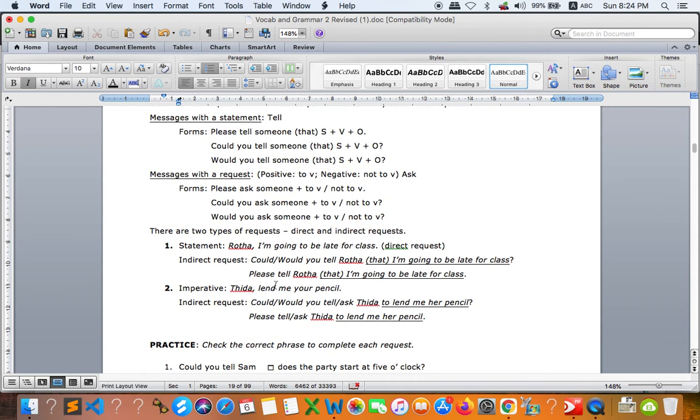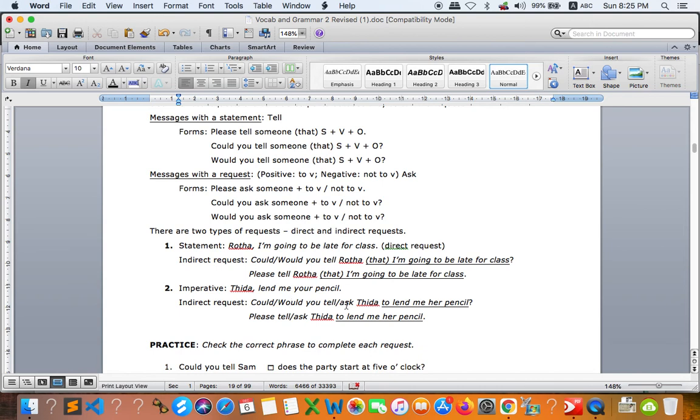This message is a request, in the form of an imperative, and it is a positive imperative. We have negative imperatives as well, so I will give you an example for this. Let's try the first one. Lend me your pencil. Whose pencil is it right here? It is Tida's pencil. So you can say, please, sorry, could or would you tell or ask?